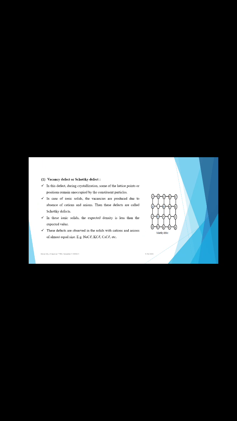In the case of an ionic solid, the vacancies are produced due to the absence of cations and anions. Obviously an ionic crystal is formed by the combination of cations and anions. The positively charged cation combines with the negatively charged anion, so there is formation of ionic solids.